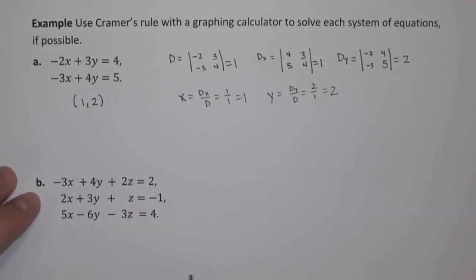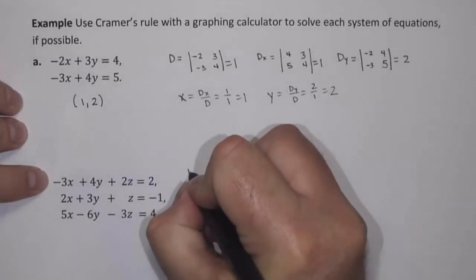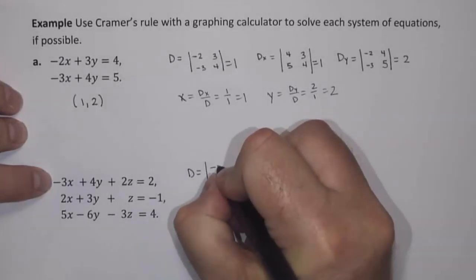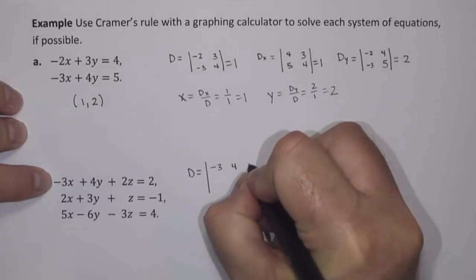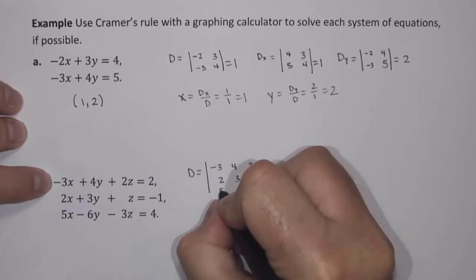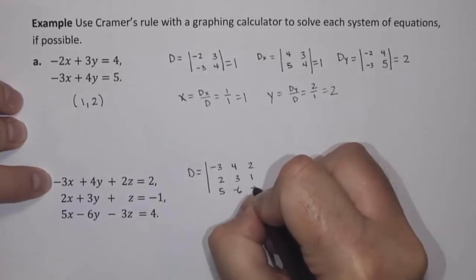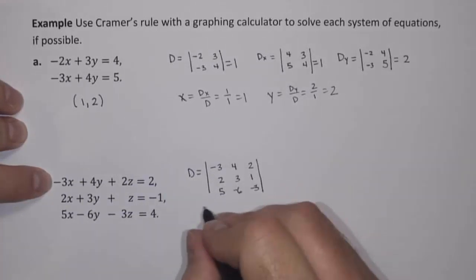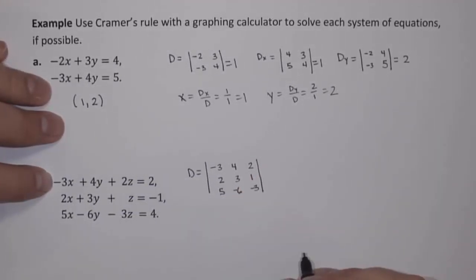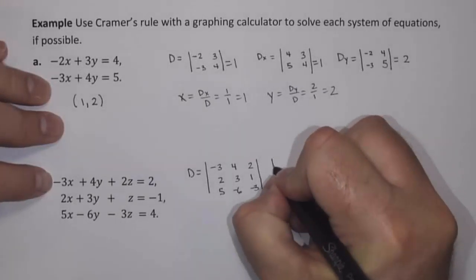Now we can do the same kind of thing for part B. It's just a little more involved because we have three variables. So our D determinant is going to be the 3 by 3 determinant, -3, 4, 2, 2, 3, 1, 5, -6, -3. So again, this comes from the coefficients. We'll evaluate that in a minute in our calculator.